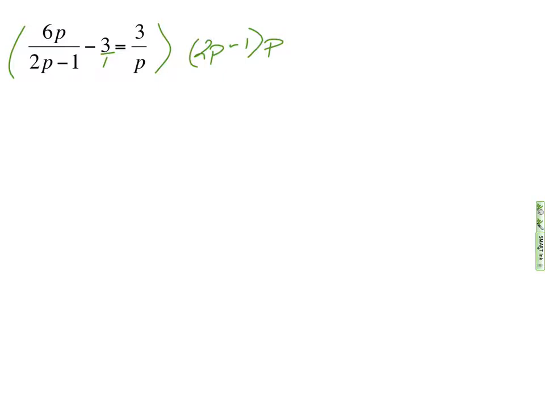So when I take this times my first fraction, what cancels? 2p minus 1, so that leaves me with 6p times p, which is 6p squared. On the next one, I have no denominator, so that means it's not going to cancel.